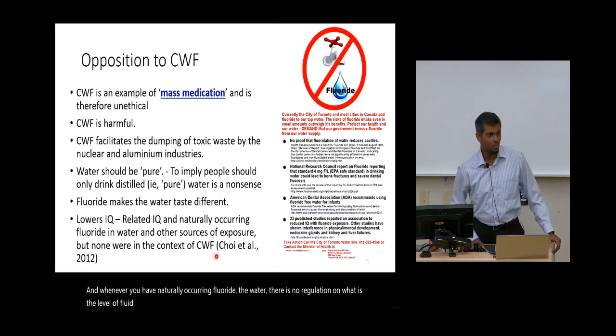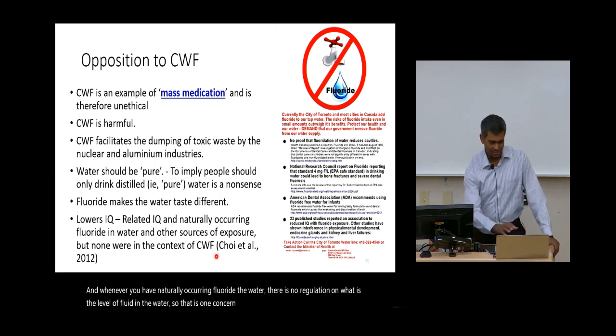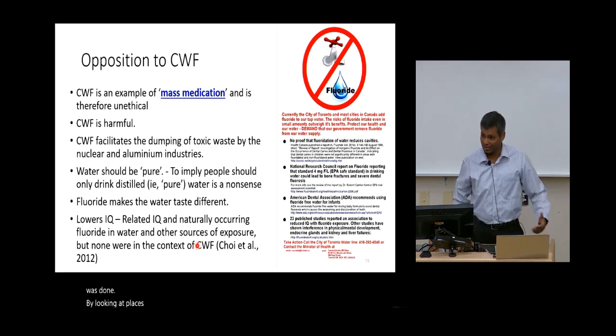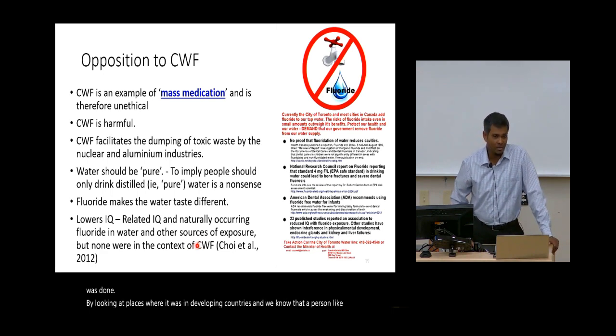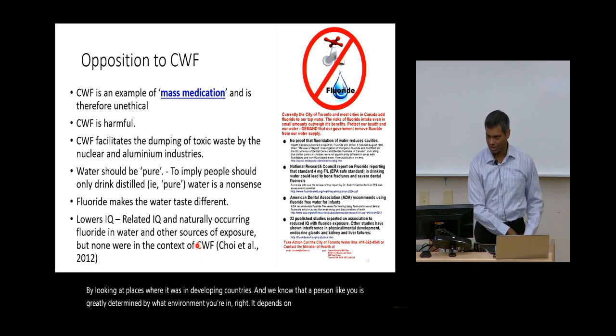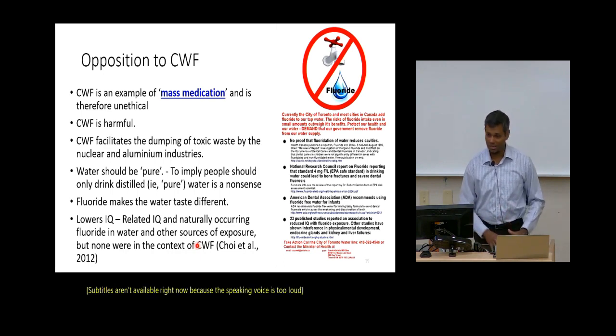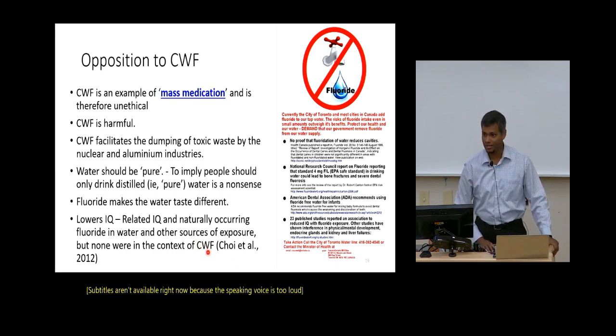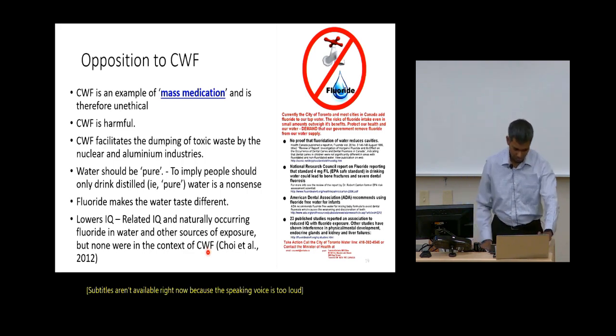So that is one concern. Secondly, the study was done in developing countries, and we know that a person's IQ is greatly determined by the environment you're in. It depends on what resources you have, and in a developing nation you may not have as many educational resources, so this was not a very good comparison of IQ and its relation to community water fluoridation.